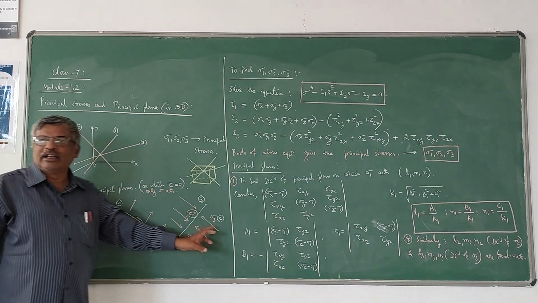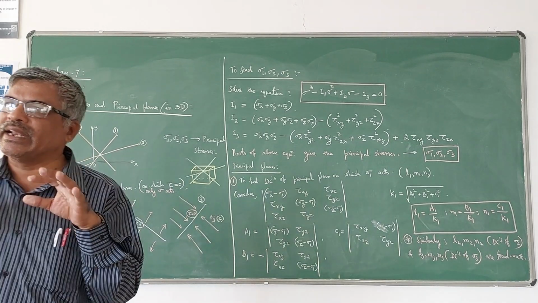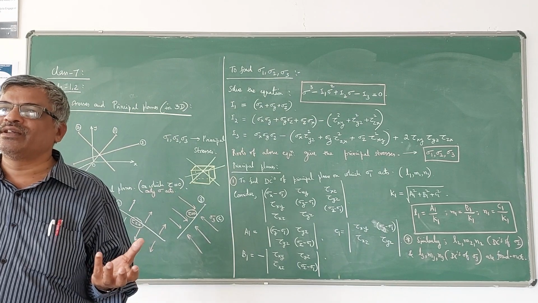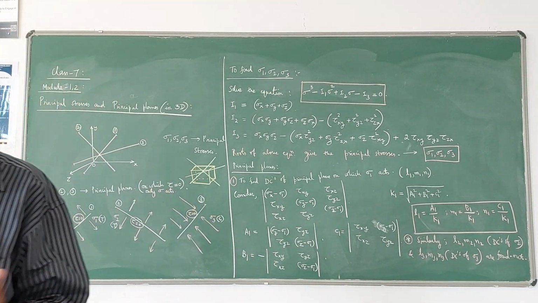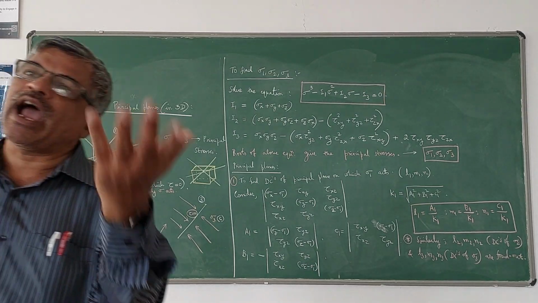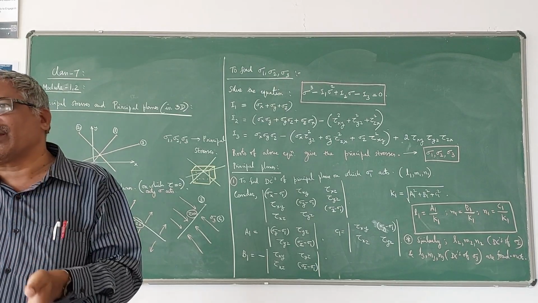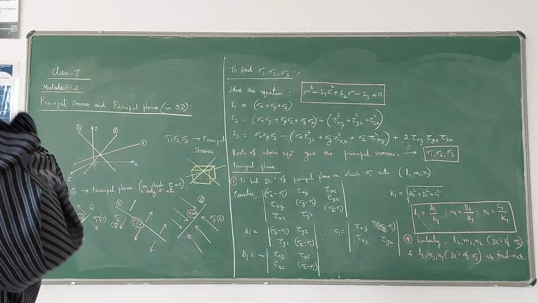Anyway, what you have to learn here is, in any three-dimensional object, when it is subjected to external forces and when stresses are developed within the body, normal stresses and shear stresses, you will be having three imaginary planes. Three planes will be there, on which shear stress will be zero, only normal stress exists.